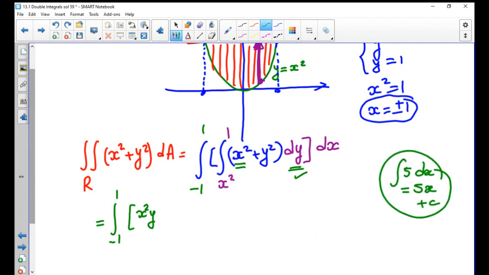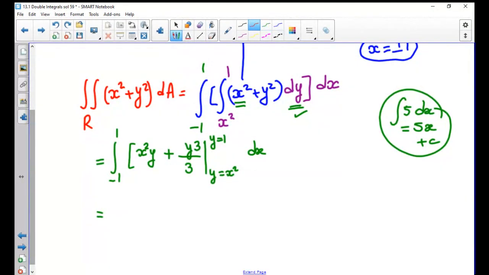And then we have the y squared. We need to integrate it, so it's going to be y to the power 3 over 3, from y equal x squared to y equal 1. And then integrate all of this with respect to dx.